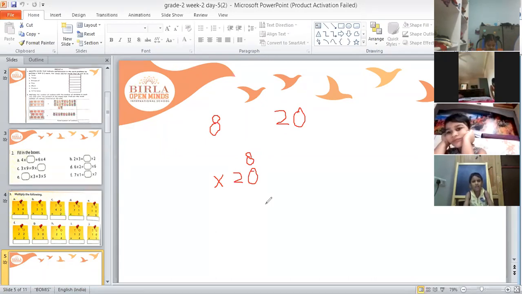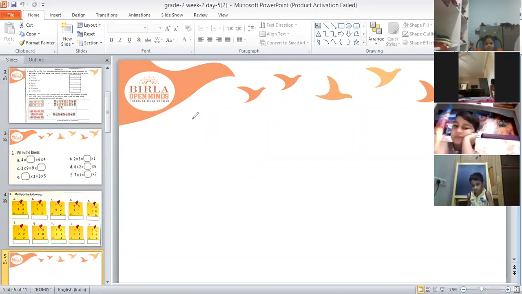It is like multiplying a 2-digit number with a 1-digit number, right? So now, instead of writing 8 first, we will write 20 first, because I'll be teaching you how to do multiplication in this way today.